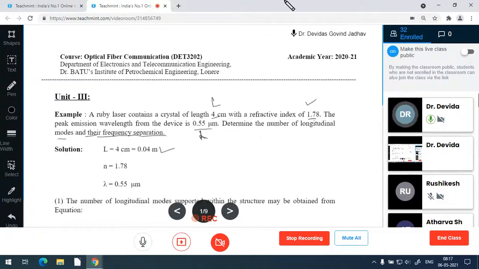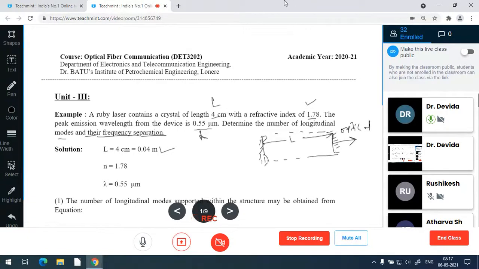So this is one mirror, this is the cavity, this is the second mirror, and this is the distance L between the mirrors. On one side there is optical output. So this L is 4 centimeter.